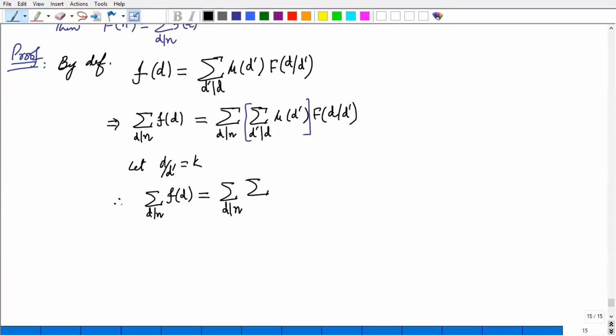And because d by d prime equals k, it means d is equal to k d prime. So we can also write k d prime equals d. Then μ(d prime) f(k).